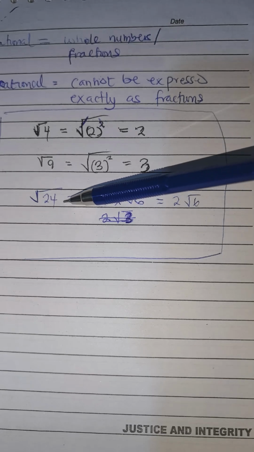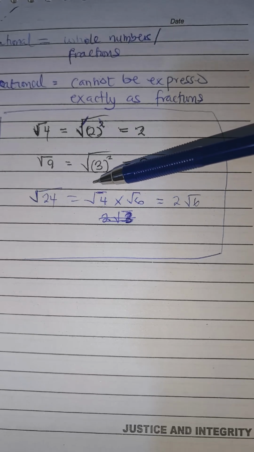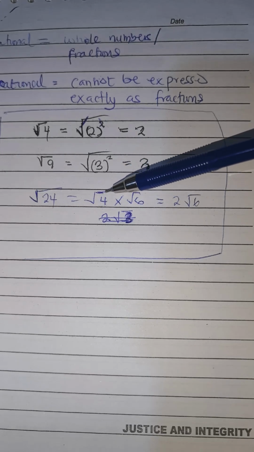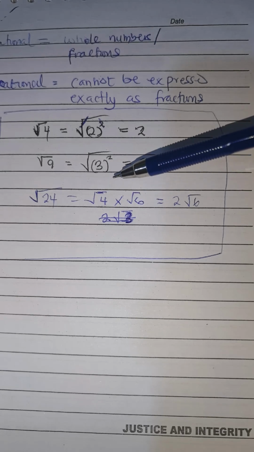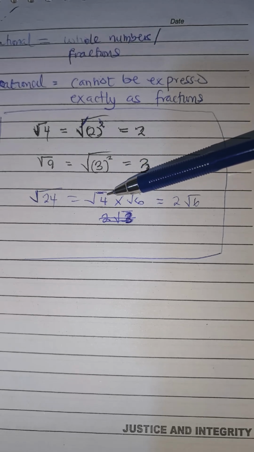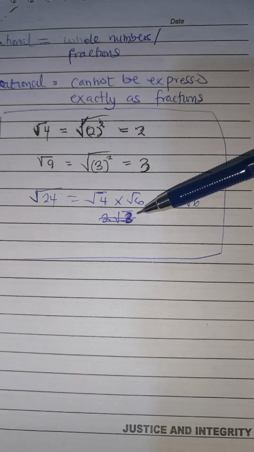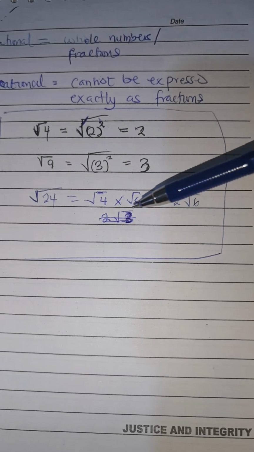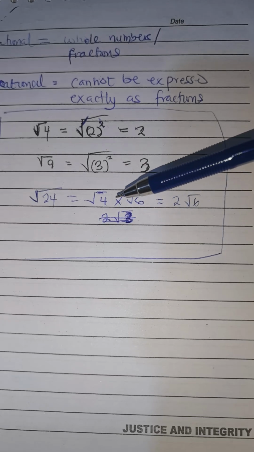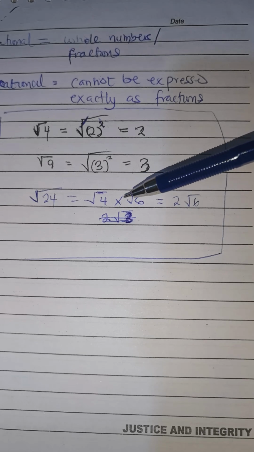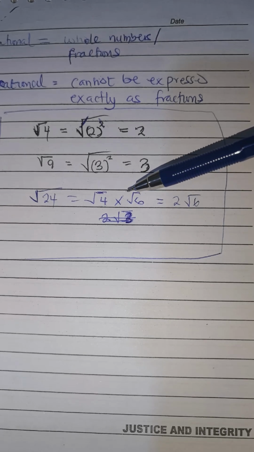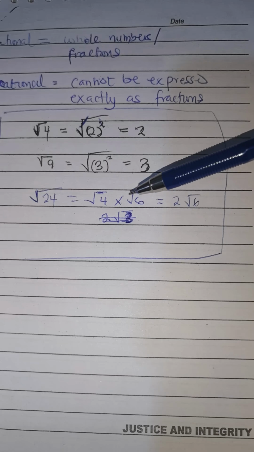Now if you take 24, what are the factors of 24? We have a number of them: 8 and 3, 4 and 6, we even have 1 and 24. But in dealing with surds, your target should be the highest perfect square.